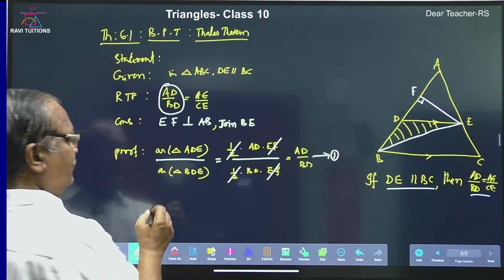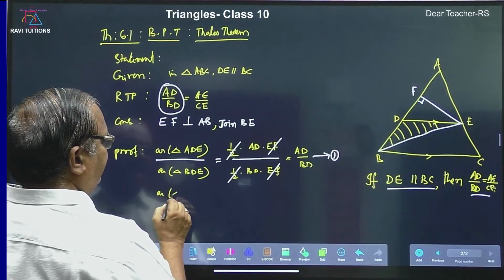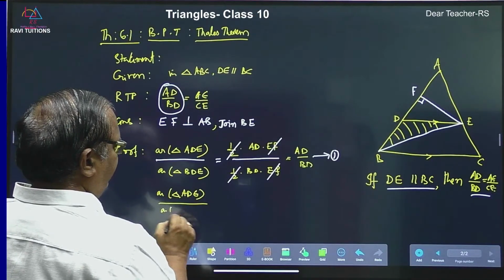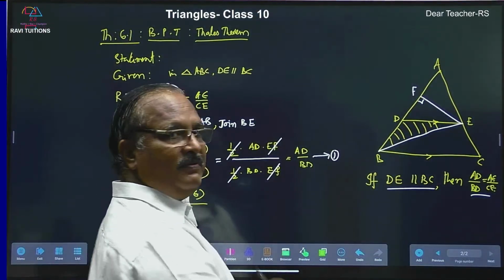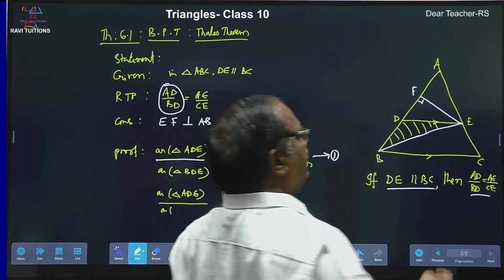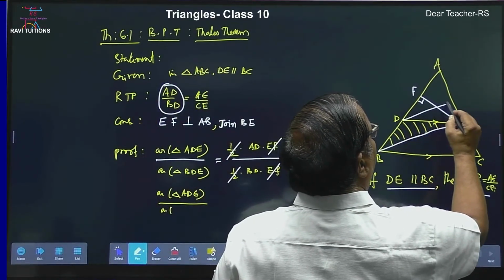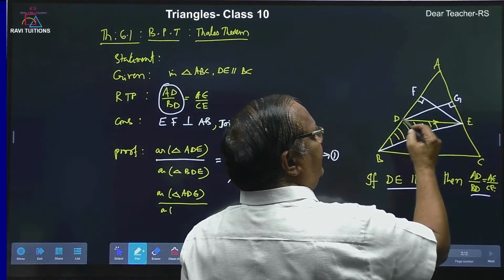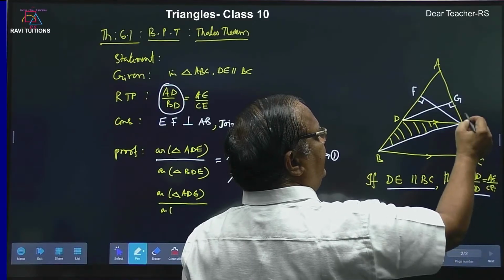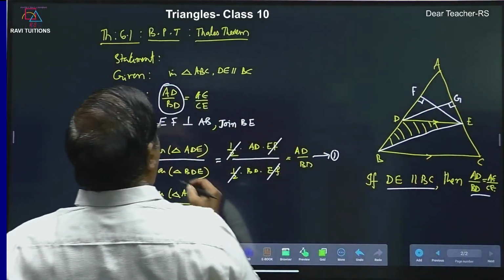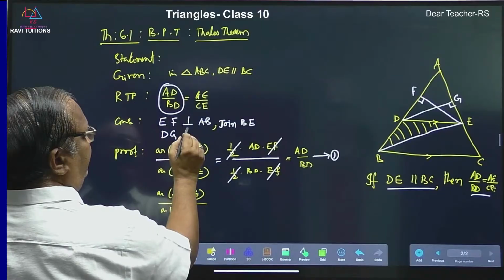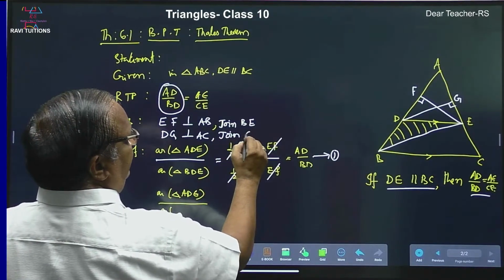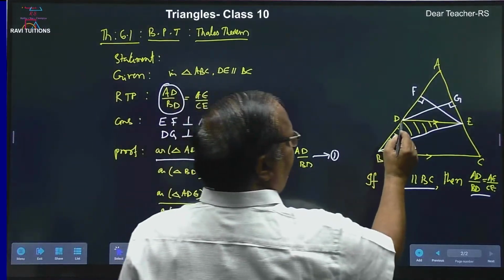Similarly, let us do the other part also. Area of triangle ADE we will take by area of triangle CDE. This side is over now, we will go to that side. For that also you have to draw a perpendicular. DG is perpendicular to AC, and join CD.